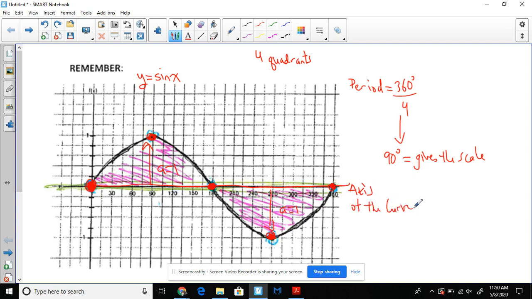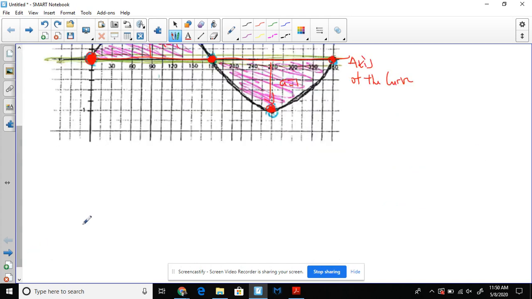Just like remember for parabolas, I apologize for this gross parabola, I had this line, which was the axis of symmetry.